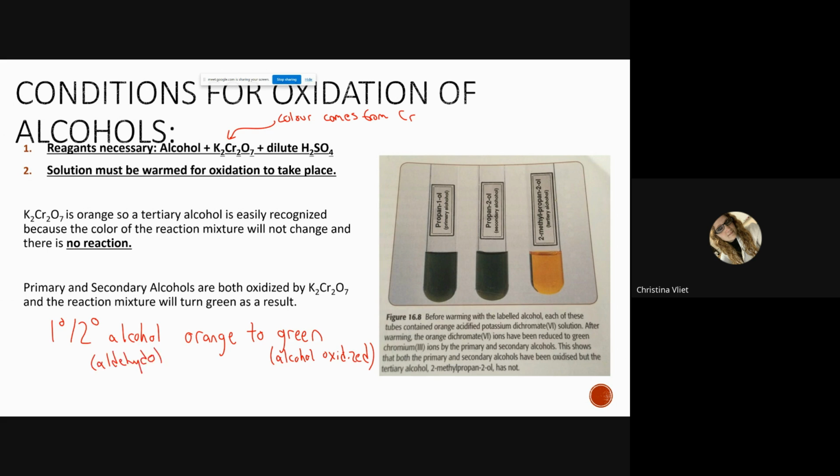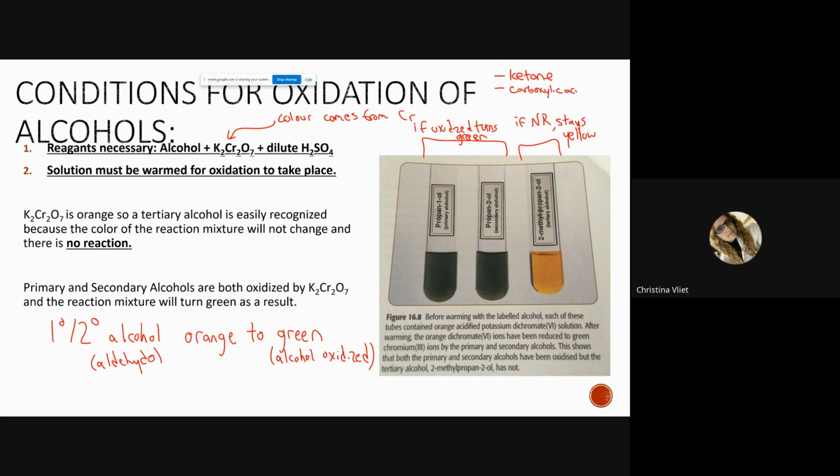And what would stay orange? If oxidized turns green, if no reaction, stays yellow. Ketone would stay yellow. Carboxylic acid would stay yellow because it's already oxidized, right?